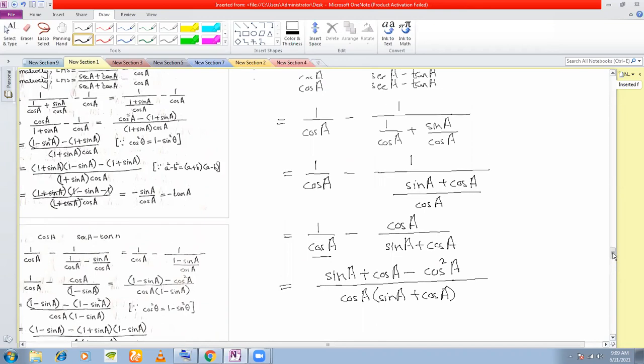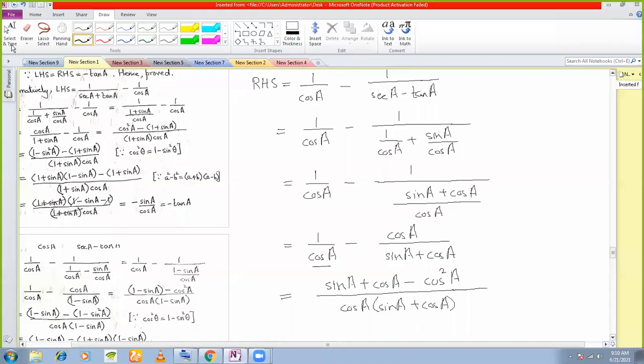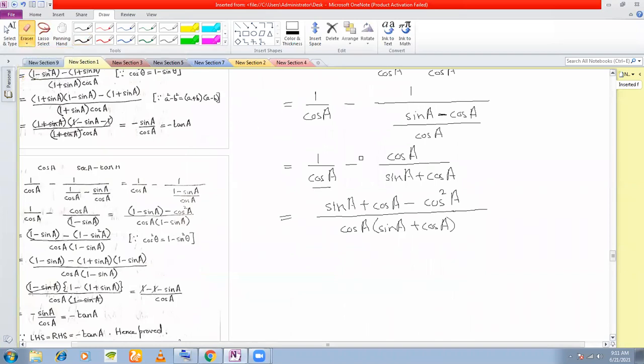Right? The mistake that I have made here is this should be a minus, because I have sec a minus tan a here. So this will also become minus. Here this will also become a minus, and here this will also become a minus. And when you are taking the LCM, this will become a minus, right?